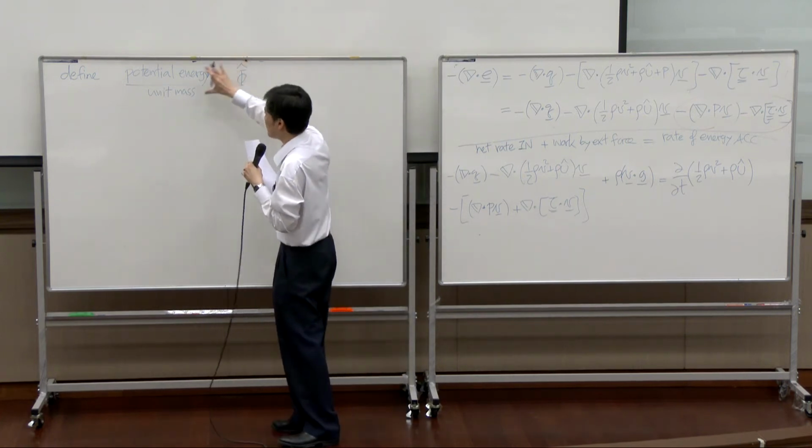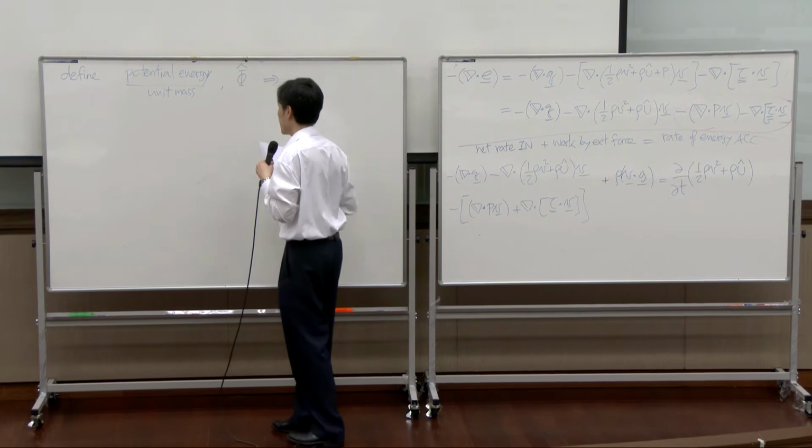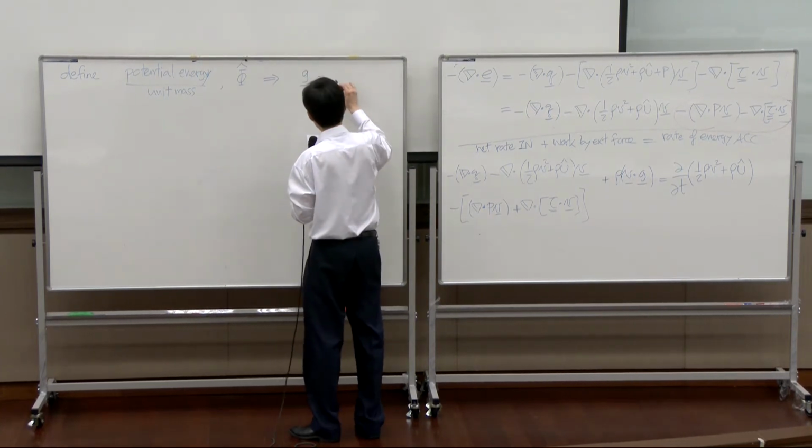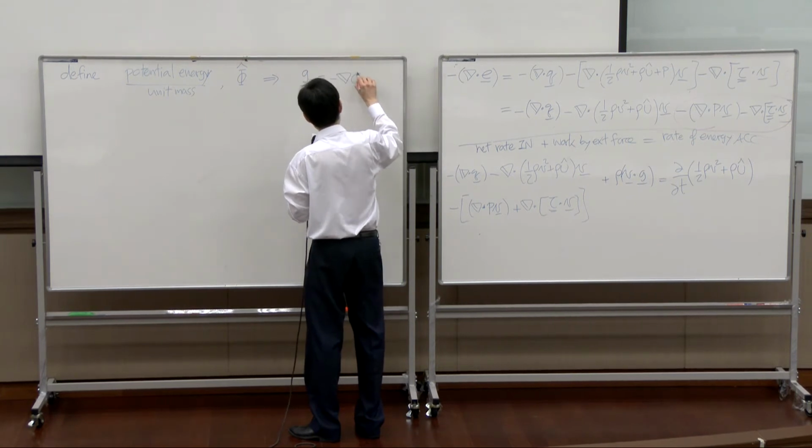Definition of this phi was done by g equal to minus del phi.